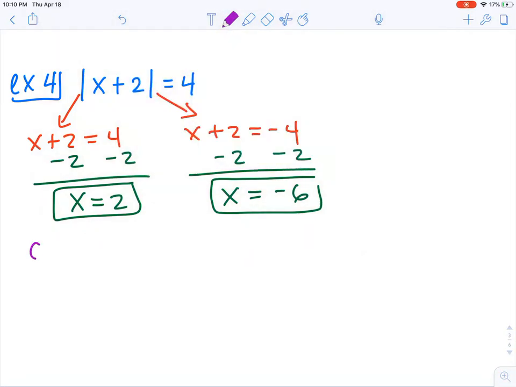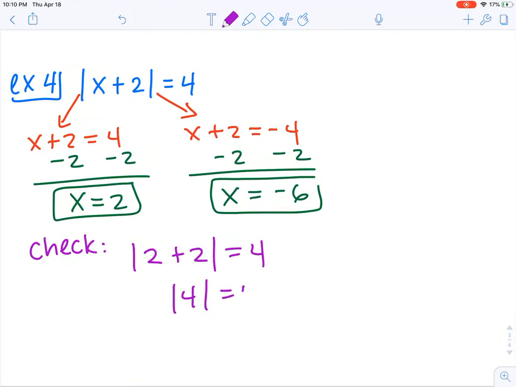It is always possible to check your solutions by plugging them back into the original absolute value equation. So if I take 2, plug it back in for x, I would see the absolute value of 2 plus 2 is equal to 4. 2 plus 2 is 4. And the absolute value of 4 is 4.